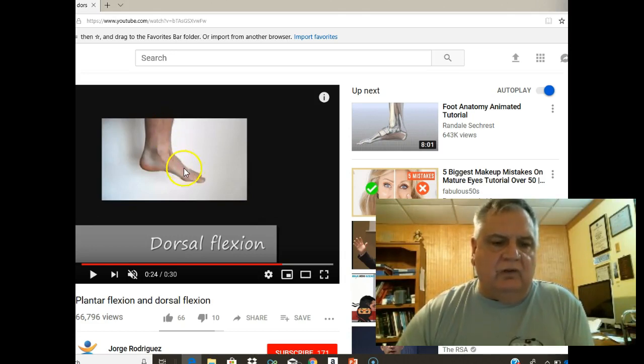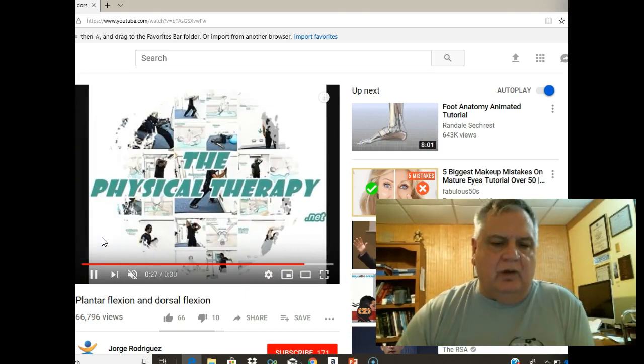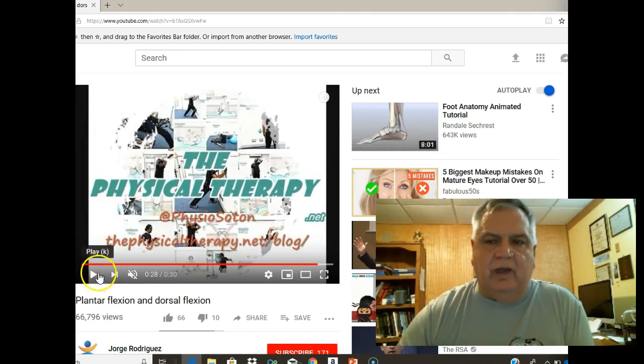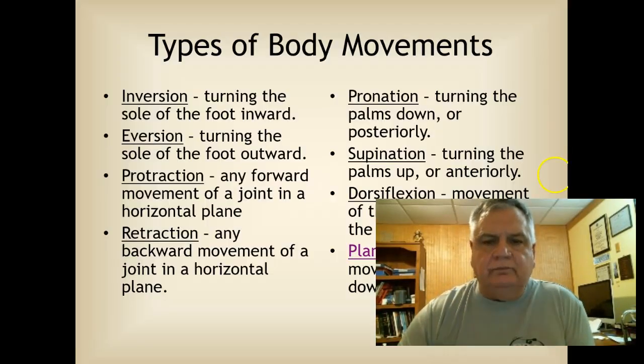In dorsiflexion, we consider the anterior joint angle. Again, that angle's getting smaller. So I hope that helps you to understand the difference between the two. Okay, so let's pull that down and go back to our types of body movements.